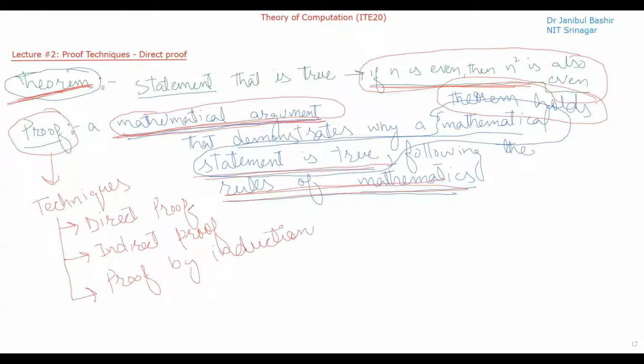So we have to discuss the technique of direct proof, the technique of indirect proof, and the technique of proof by induction. In the direct proof, when we have to prove some statement, we directly start from the statement, and then using different mathematical rules, we reach the conclusion.